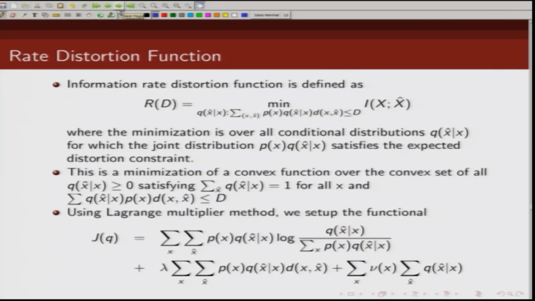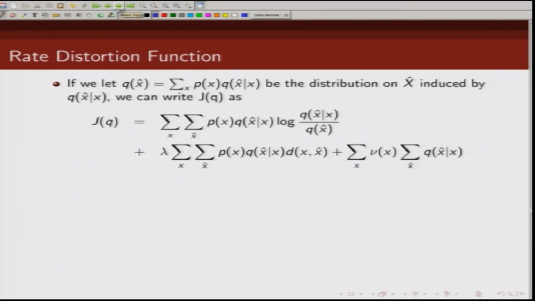So then we can set up our Lagrangian, basically using the Lagrange multiplier method, we can set up our functional. So, this is our objective function, this is the constraint due to the expected distortion constraint, and this is the constraint that comes due to the summation of probabilities being equal to 1.